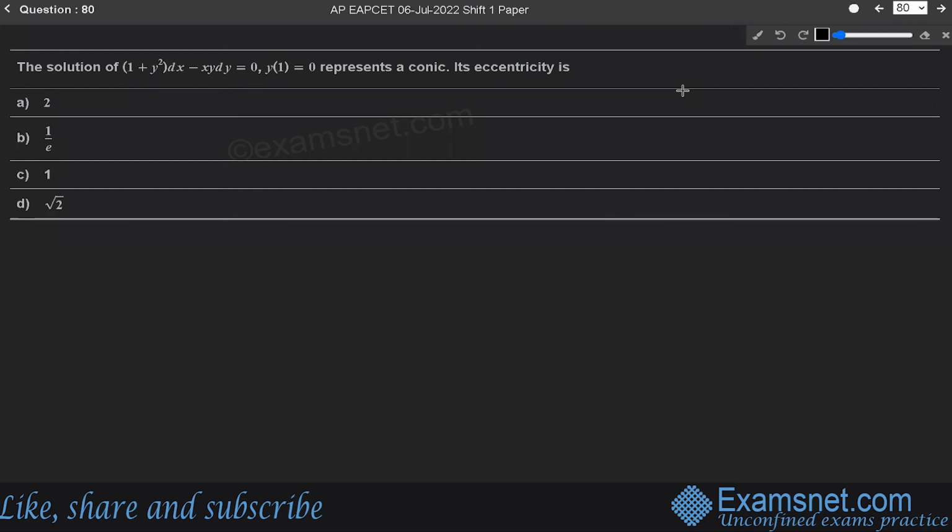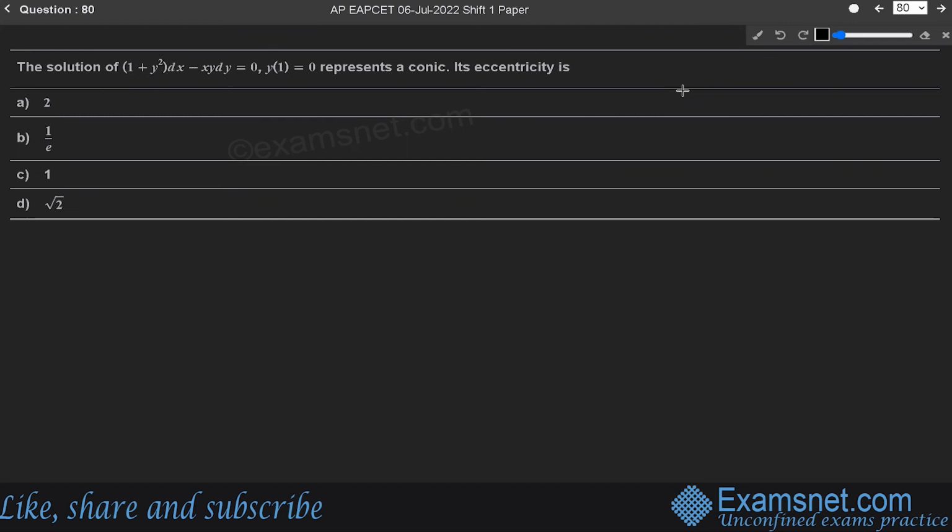Next question is the solution of 1 plus y square dx minus xy dy is equal to 0 and y of 1 is equal to 0 represents a conic, then its eccentricity is. We know that eccentricity is the ratio of distance of any point on the curve from the focus to its distance from the directrix.